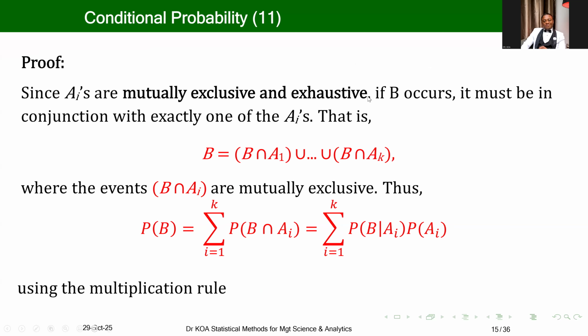If that is the case, when B occurs, it must be happening at the same time with exactly one of the A's. Because B itself is the union of B intersection A1 and all the other intersections between B and the A's, up to AK.